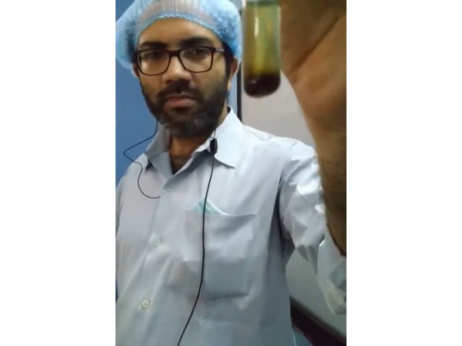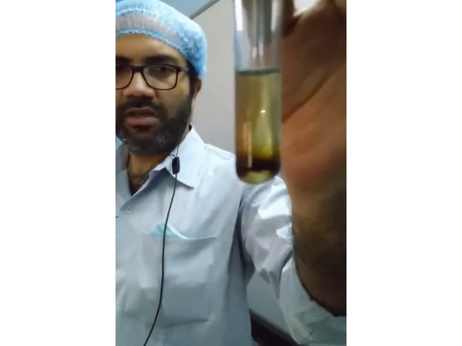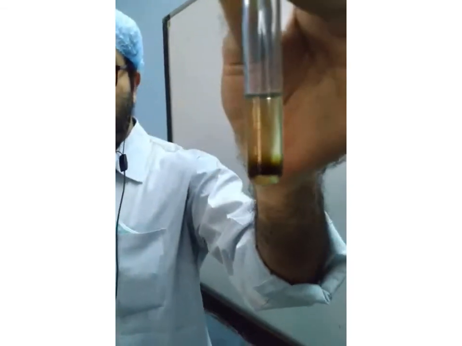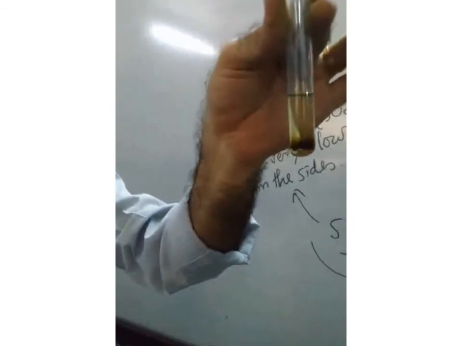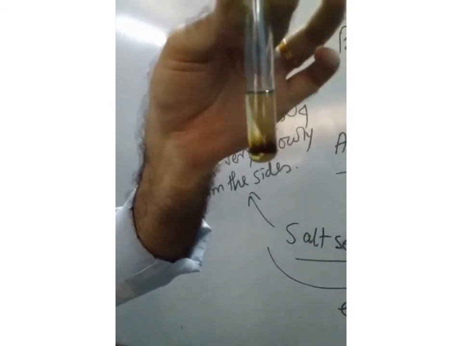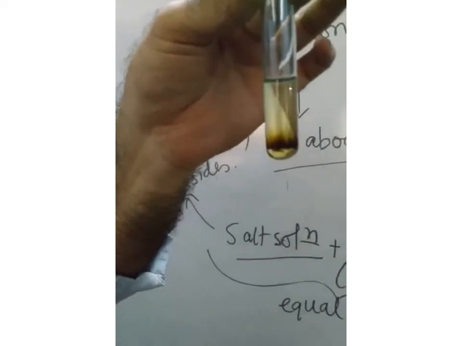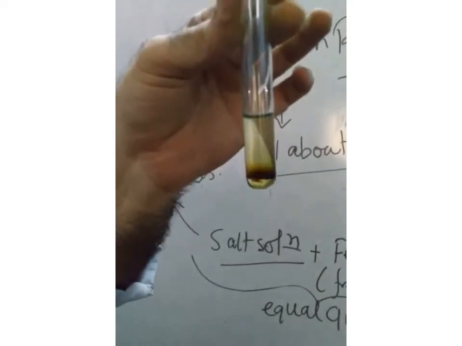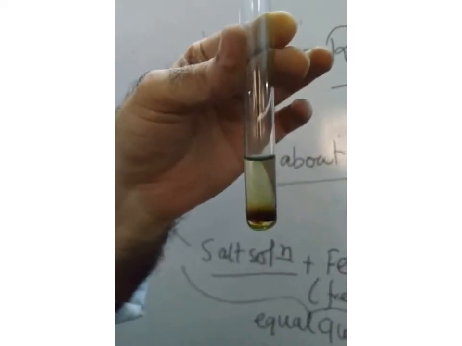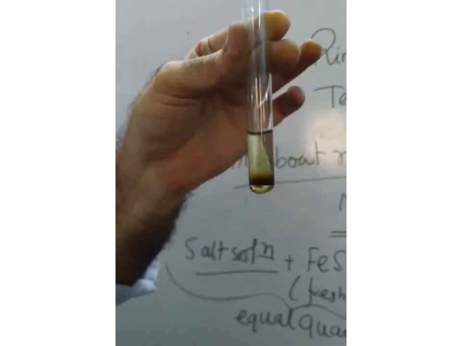I hope you can see there is a brown ring which has formed, but since my hand is trembling, the ring got slightly messed up. Otherwise the ring would have been a perfect ring at the junction of the two liquids.